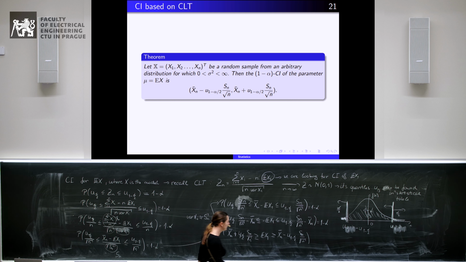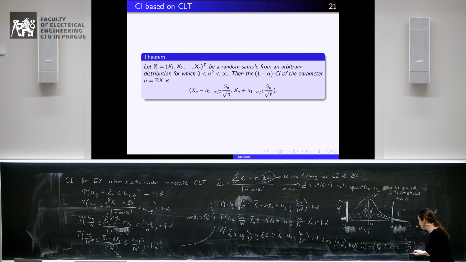And it means that the confidence interval, which is usually denoted as 1 minus alpha times 100% confidence interval, is the sample mean plus minus u1 minus alpha half times the sample deviation over the square root of n.